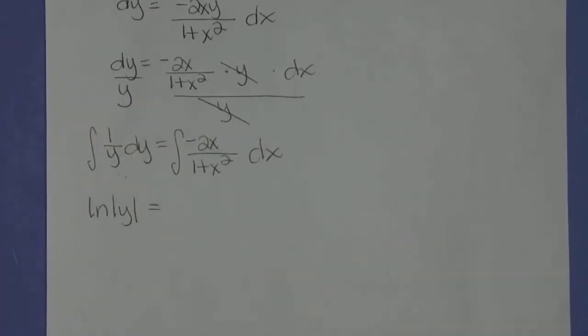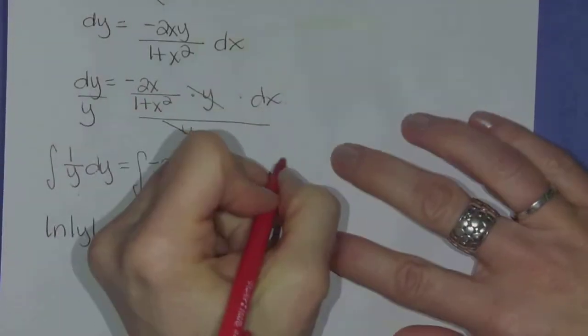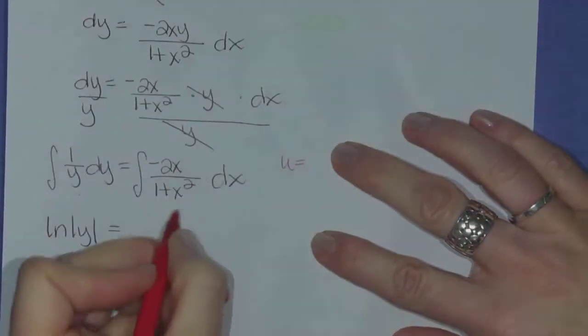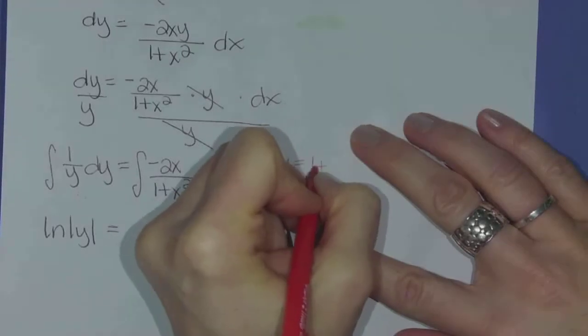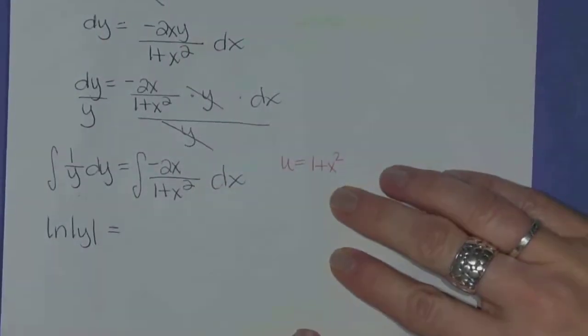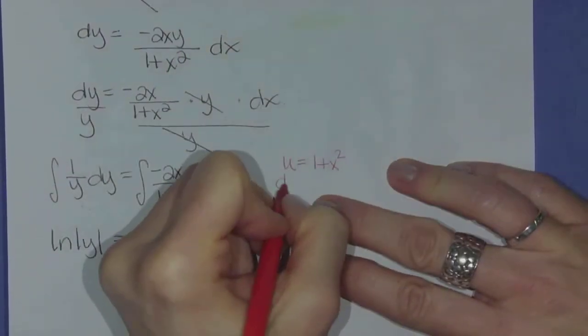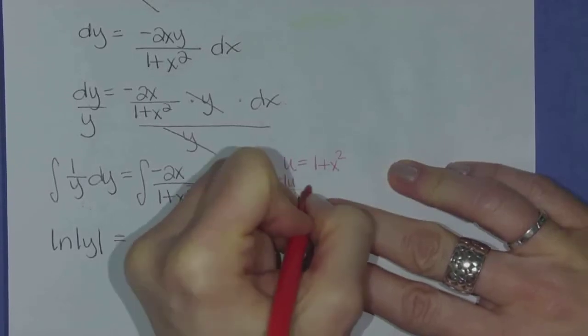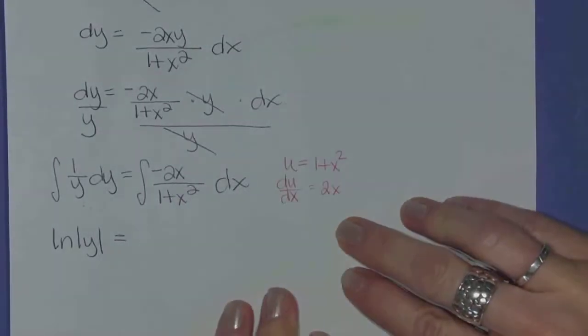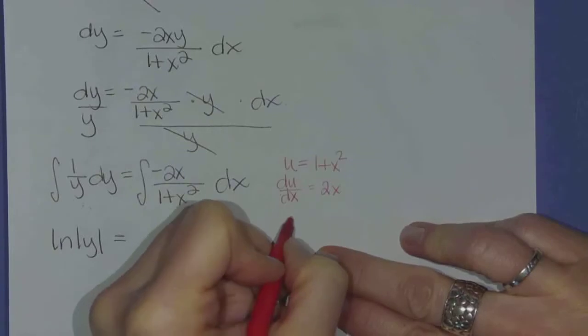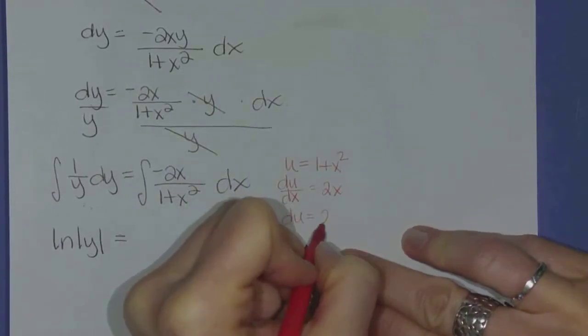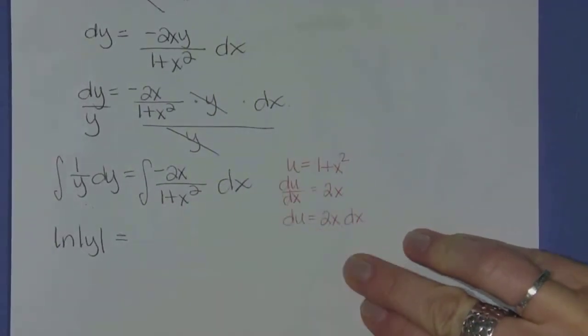So I'm going to go off to the side and do a little work with u substitution. If I let my u be this guy, 1 plus x squared, then my derivative of u with respect to x is going to be 2x. When I multiply both sides by dx, I'm going to have 2x dx.